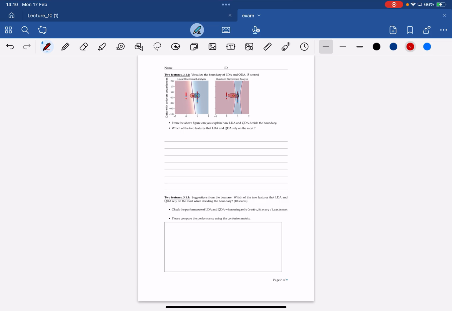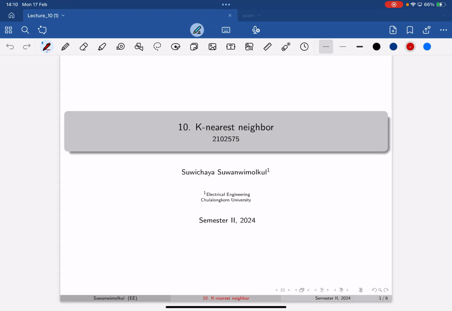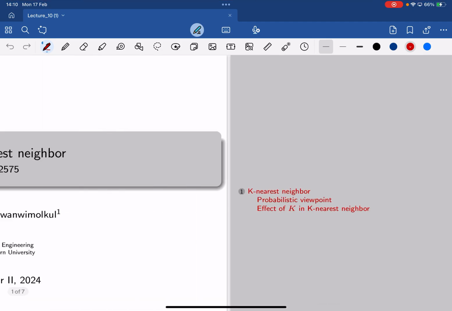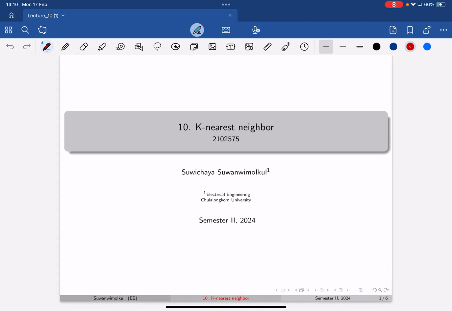Usually it's multi-class examples. And this one is QDA and LDA. Which one is LDA? Which one is QDA? If you look at the decision boundary, you will get the answer today, because today I will give you an overview of these algorithms. But first, we will go over the discussion of k-nearest neighbor.